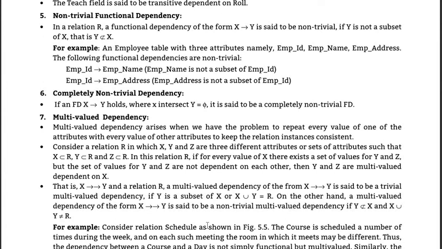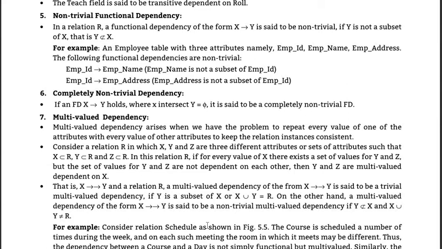In this relation R, if for every value of X there exists a set of values for Y and Z, but the set of values for Y and Z are not dependent on each other, then Y and Z are multi-valued dependent on X. A multi-valued dependency of the form X determines Y in a relation R is said to be a trivial multi-valued dependency if Y is a subset of X or X union Y is equal to R.